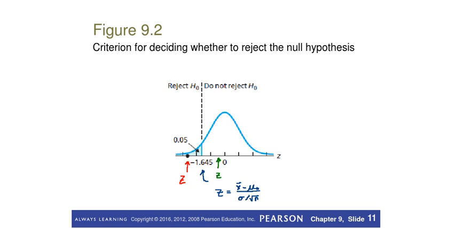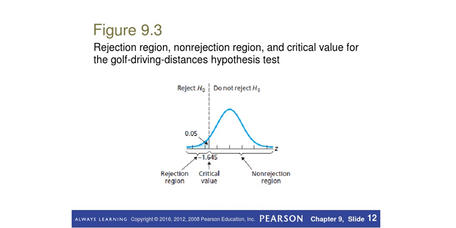So 1.645 becomes our criteria. It's a dividing line between z-values that are less than our rejection value or greater than. What we're looking to find out is whether we get enough evidence based on a sample.